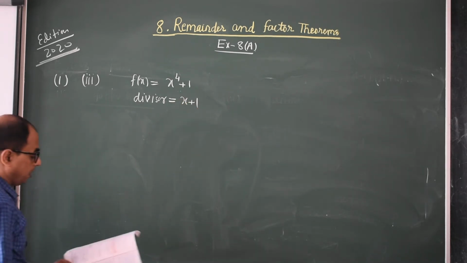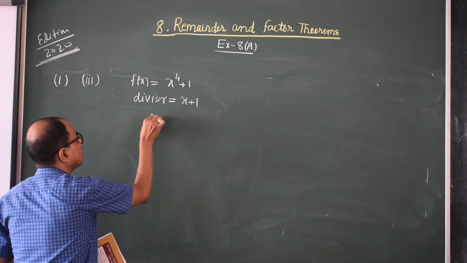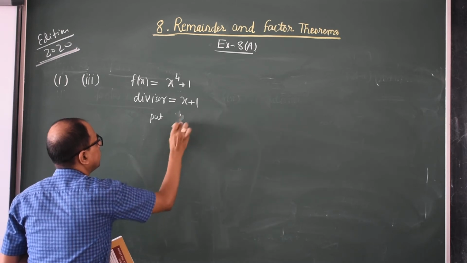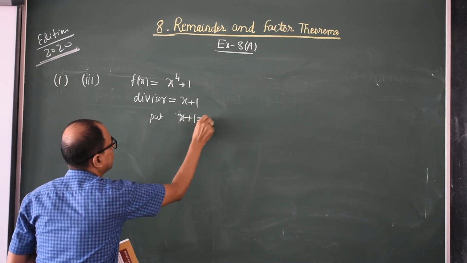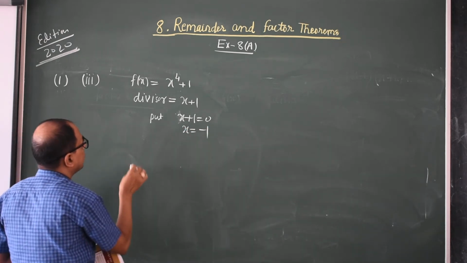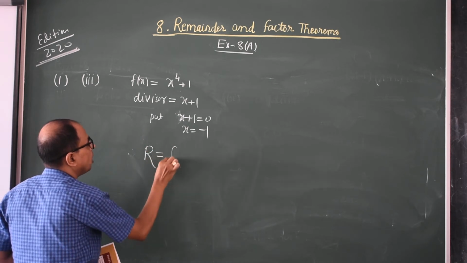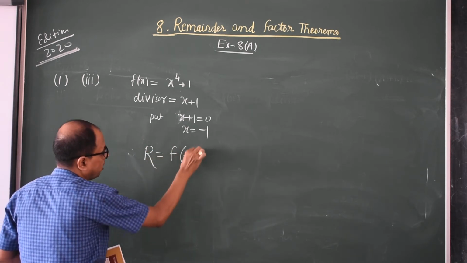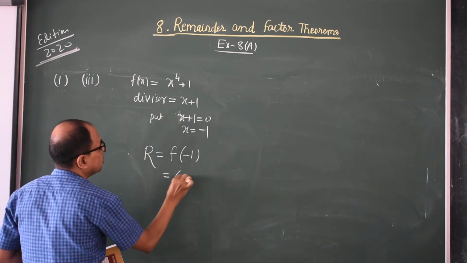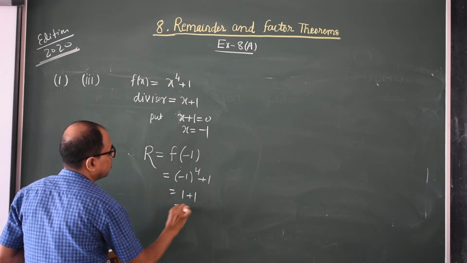Now we have to find the remainder. So put divisor equal to 0. It will give x equal to -1. Now by the remainder theorem, remainder equals the value of the polynomial at x equal to -1. So put -1: (-1) to the power 4 plus 1, that is 1 plus 1, which is 2.